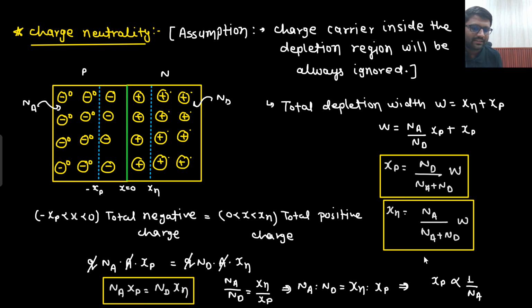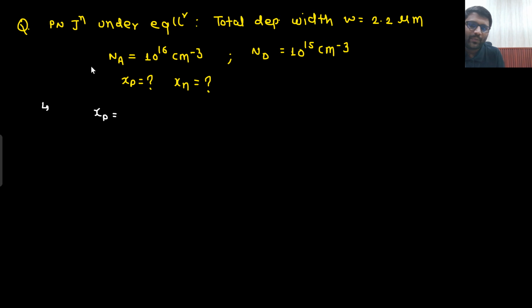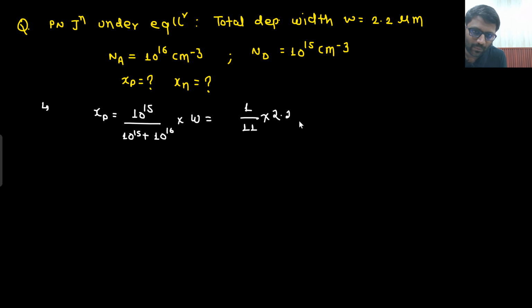Na is having more doping, the P side is having more doping. That means the depletion width on the P side will be lesser. So the answer would be 10 to the power 15 upon 10 to the power 15 plus 10 to the power 16, into W. That is 1 upon 11 into 2.2, so the answer would be 0.2 micrometer.